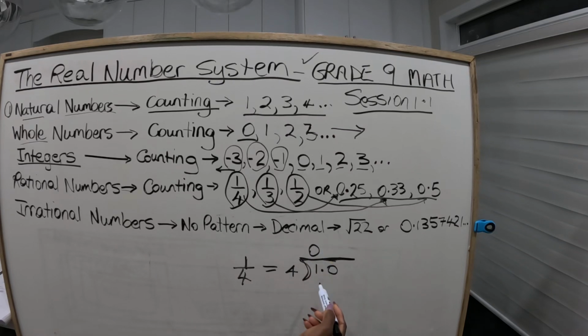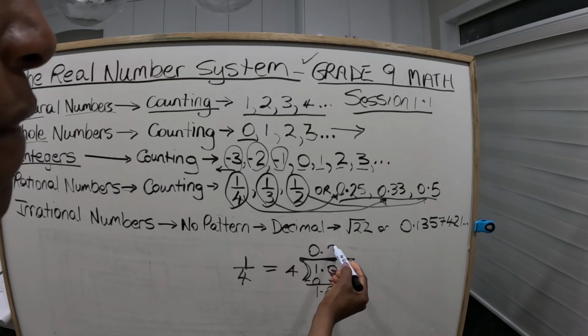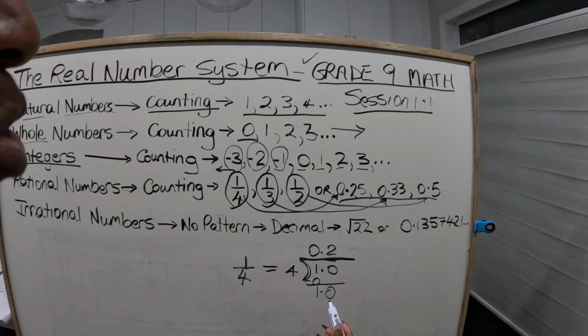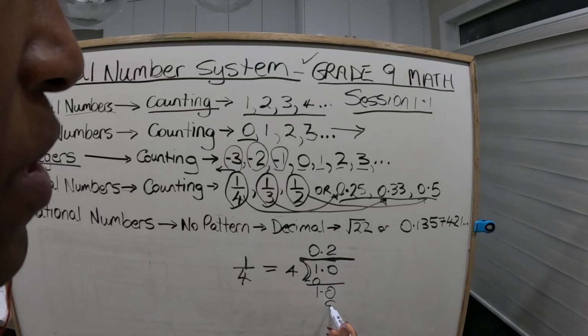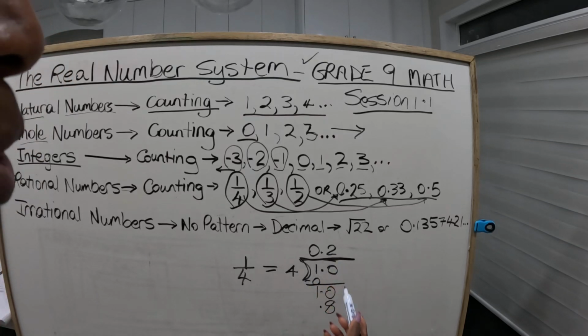So 4 times 0 is 0. Okay, and then you're going to subtract, that's 1.0. That's a long division. 4 into 10 goes 2 times, right? 4 times 2 is 8, and you're going to put it over this side. Okay, and that's 4 times 0.2.